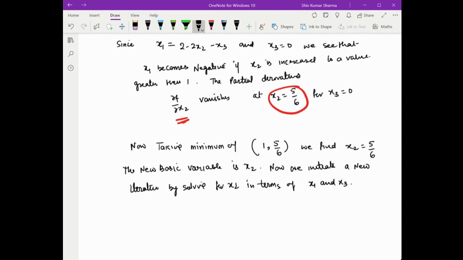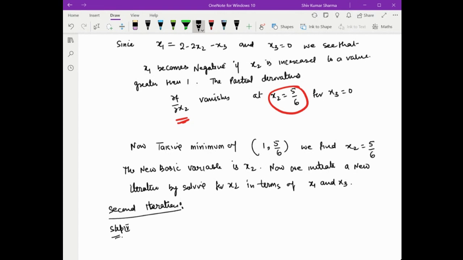This gives us the minimum value. So we write the second iteration. This is the next step, step number 4.